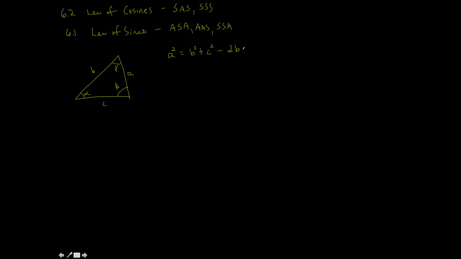If we are given side B, side C, and angle alpha, that would be an SAS problem. If we were given that, we could easily find the side opposite, which would be side A, using this formula. The same thing is true for side B, except for side B, we would need to know side A, side C, and angle beta.